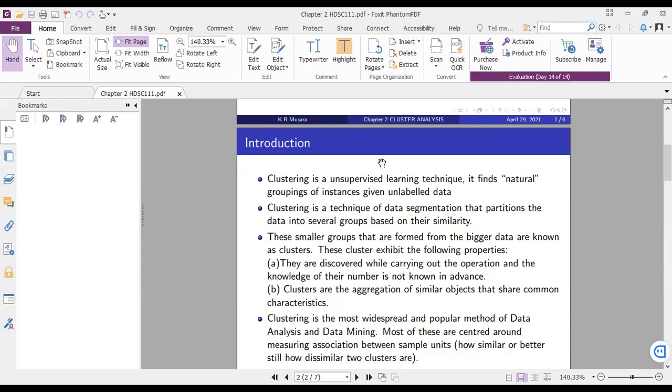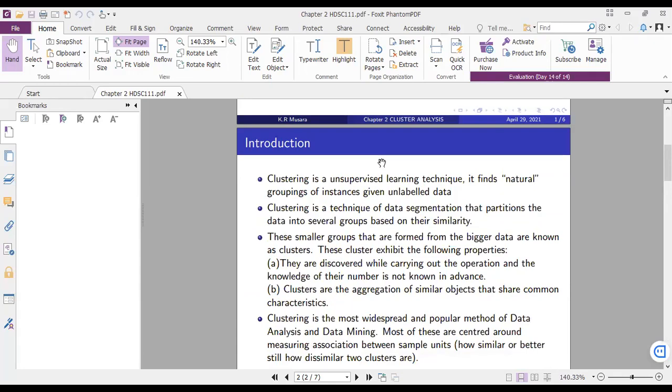So let's look at clustering. You still remember we talked about unsupervised learning, the technique that requires only the input. Clustering is one of the unsupervised learning techniques in machine learning. Its purpose is to come up with natural groupings of instances given unlabeled data.